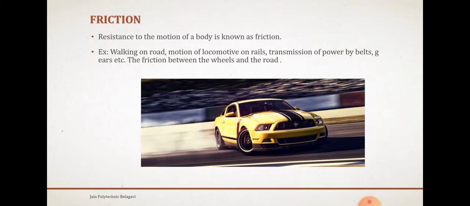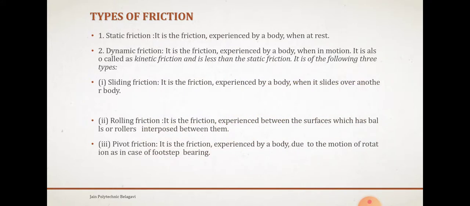Next, we'll understand the different types of friction. There are different types of friction classified based upon whether the body is in motion or at rest. For example, static friction. What do you mean by static? Static means when the body is at rest.